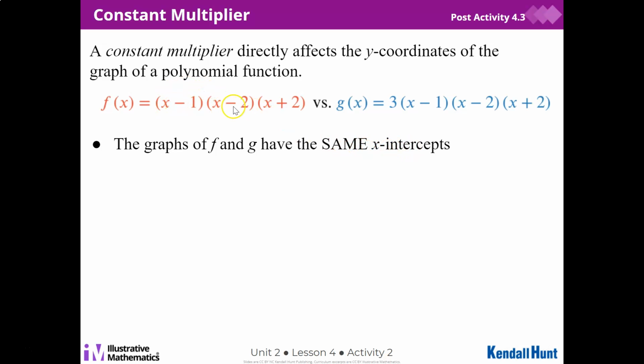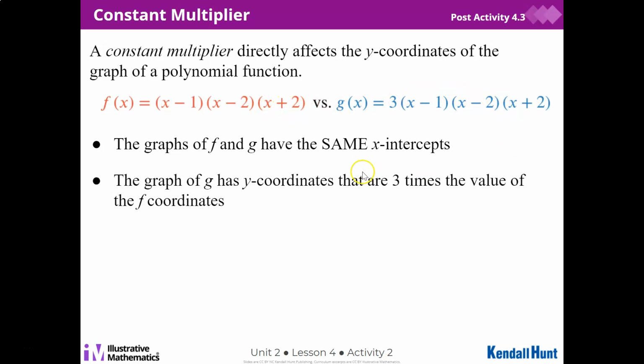Keep in mind that those x-intercepts are directly found by taking each of these factors and setting them equal to 0. So the x-intercepts are going to be at positive 1, 0, positive 2, 0, and negative 2, 0. Same with g. But the y-coordinates, the outputs, are going to be 3 times the value of the f-coordinates for function g.